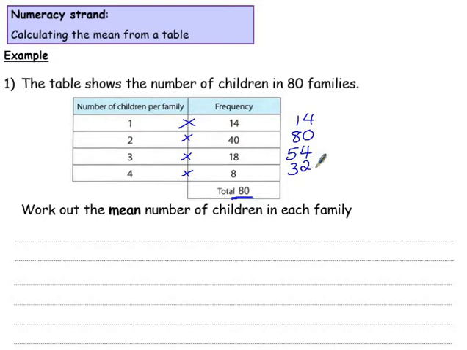Now to find how many children there are in total, we will need to add these 4 numbers up. Again, it can be quite difficult to do in our heads, so we can use the tower sum to help us. So we have 14, 80, 54 and 32.